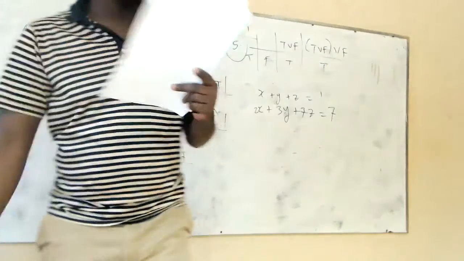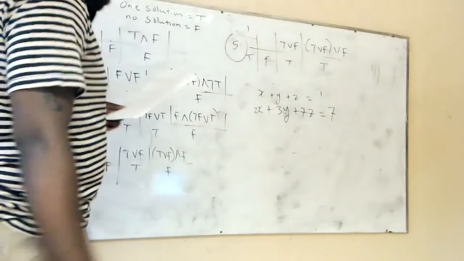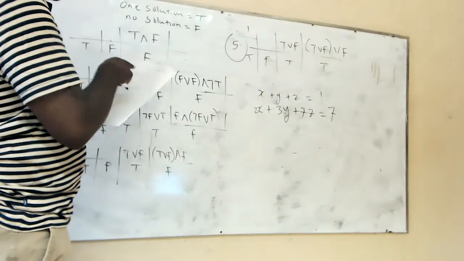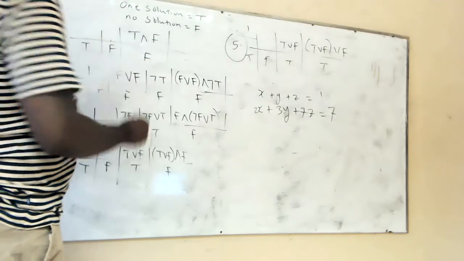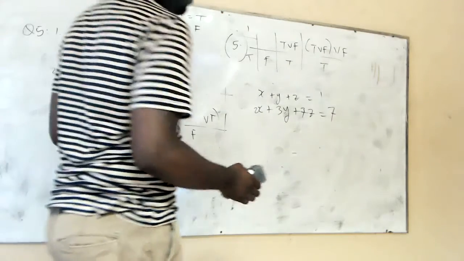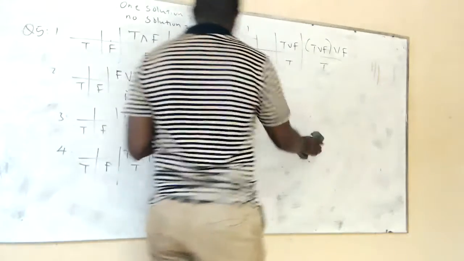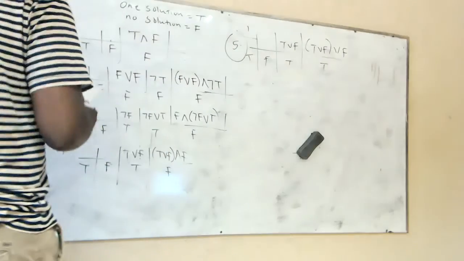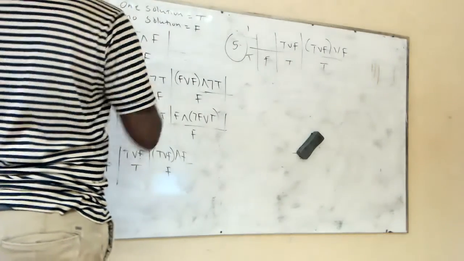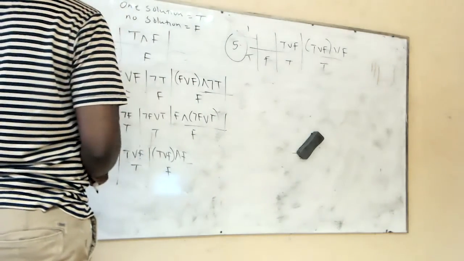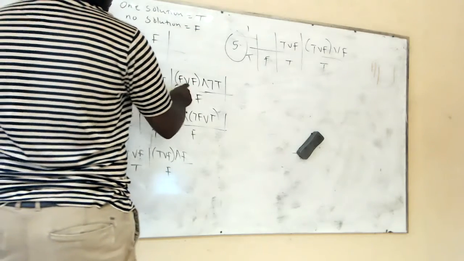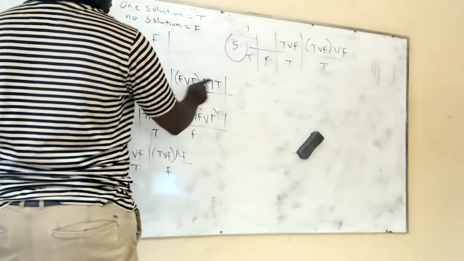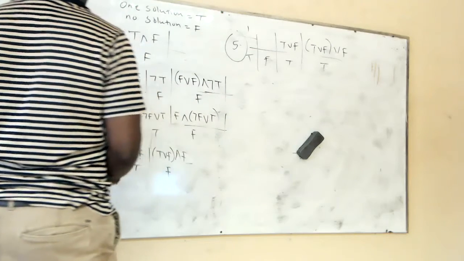Therefore, that statement must be true, because if you say no solution is true, then infinitely many solutions must be false in that case. So let's investigate to see what we are going to obtain for that. The first one is false, and then the second one we have false and not true, and then the conjecture of not false and not true is going to be false in that case.